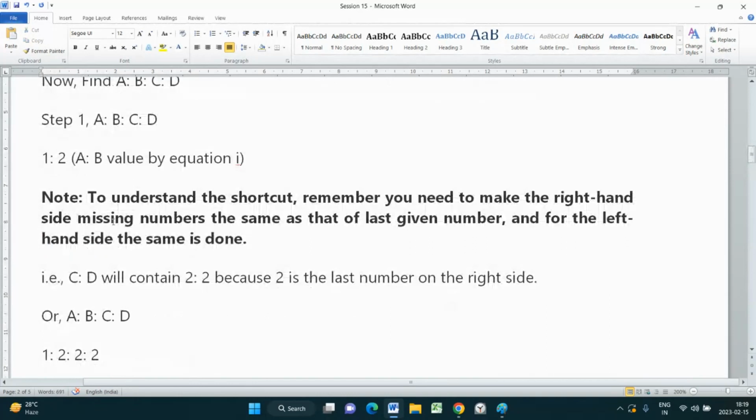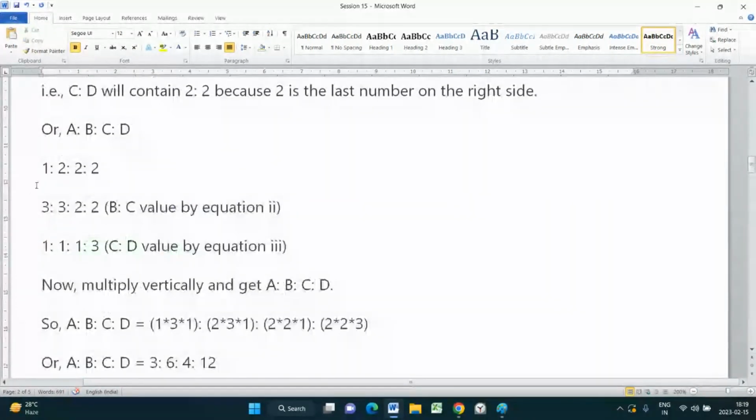If you actually see, to understand the shortcut, remember you need to make the right hand side missing numbers the same as that of the last given number. And for the left side, the same is done. Now 1:2, the 2 is the last, and we repeated the same 2 here. How was this 2:2? The same number which is last is repeated here.